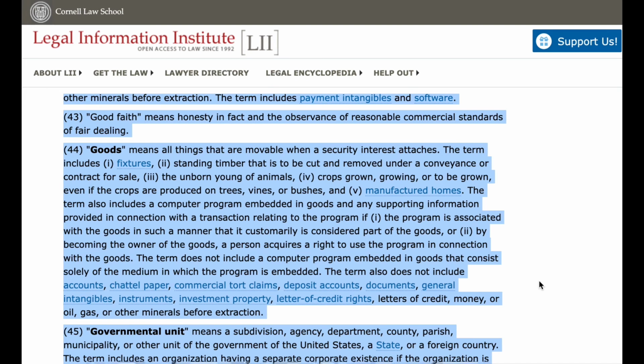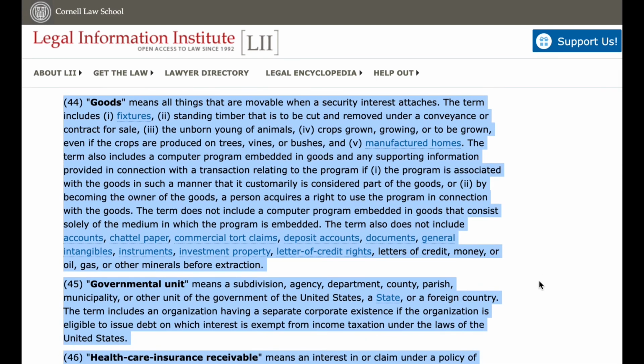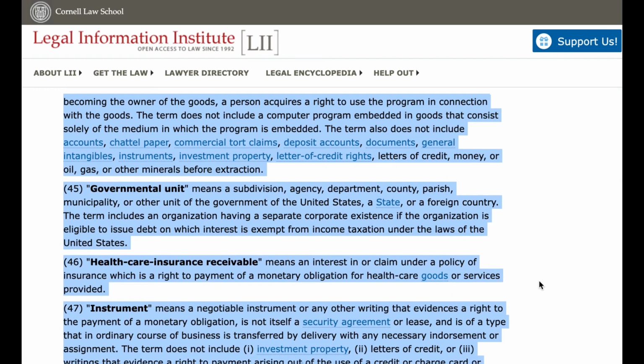The term also does not include accounts, chattel paper, commercial tort claims, deposit accounts, documents, general intangibles, instruments, investment property, letter of credit rights, letters of credit, money, or oil, gas, or other minerals before extraction.